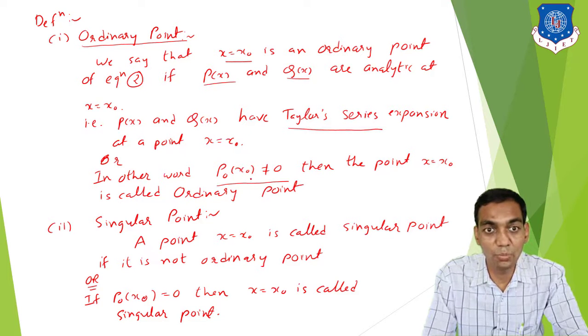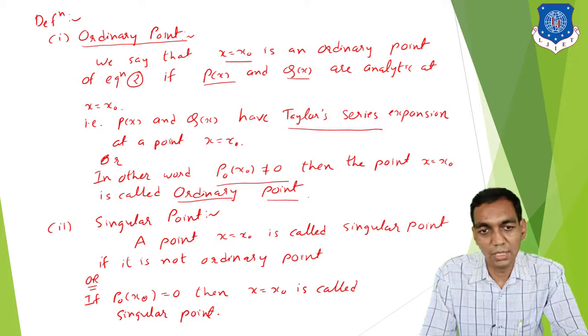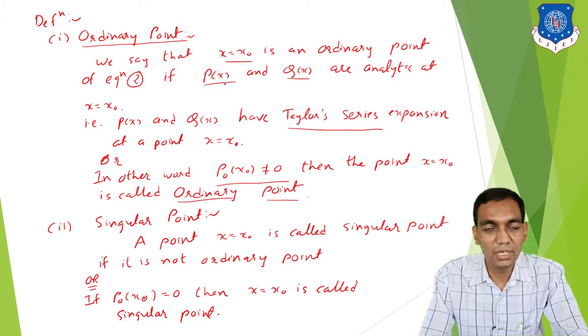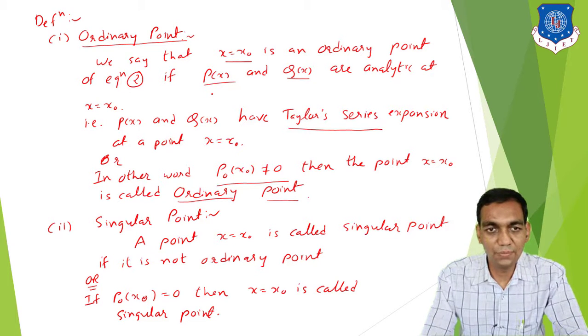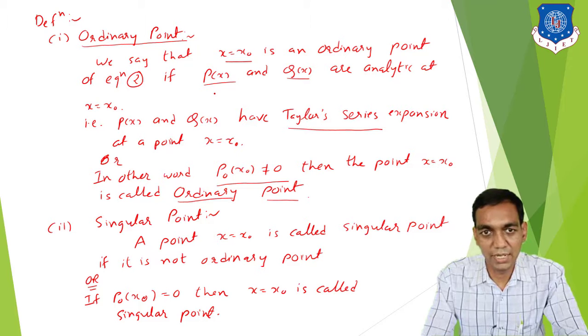If you put it in p and this value is non-zero, then whatever point x0 we have is said to be an ordinary point. In other words, if the denominator of p(x) is non-zero at a point x0, then that point is called an ordinary point.